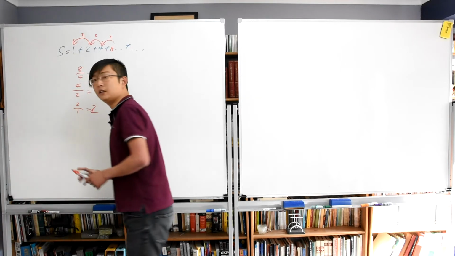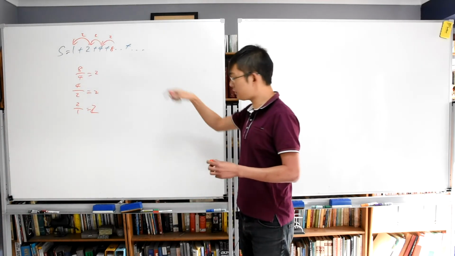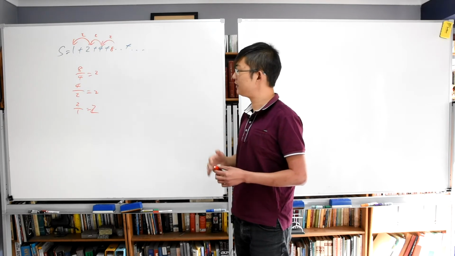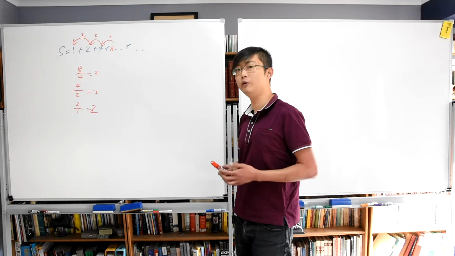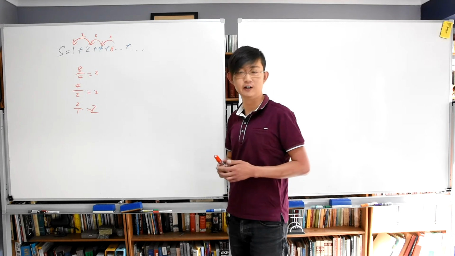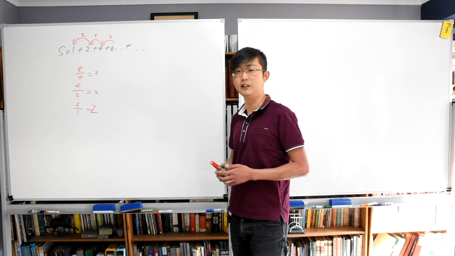Because the ratios of all the successive terms and the previous terms are the same, we call this the common ratio. This is the defining feature of a geometric series.